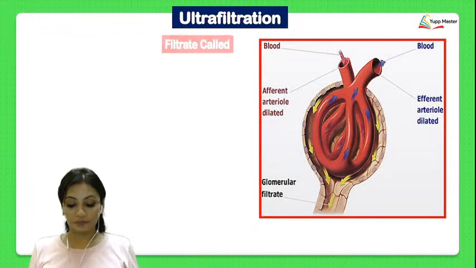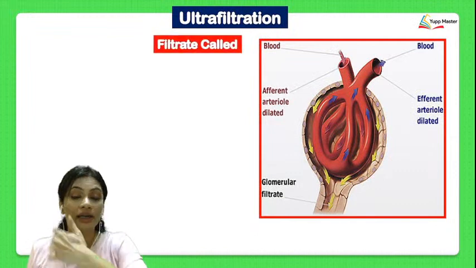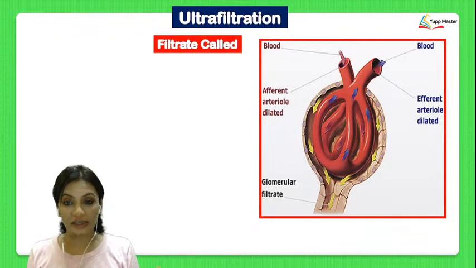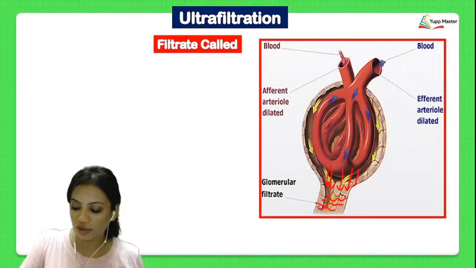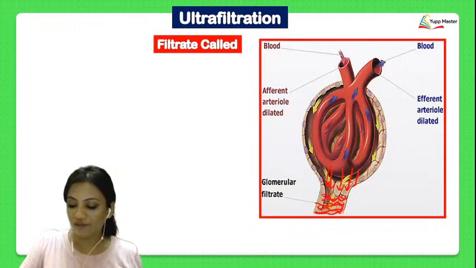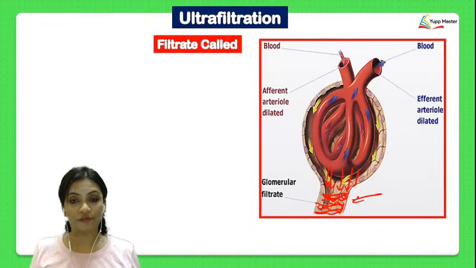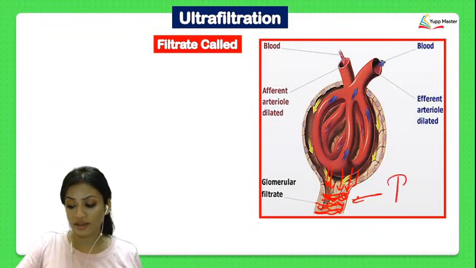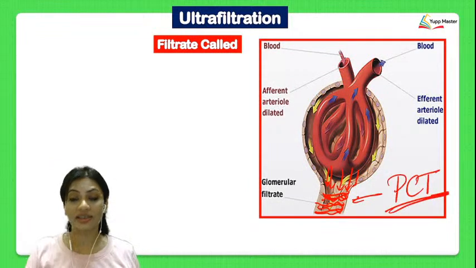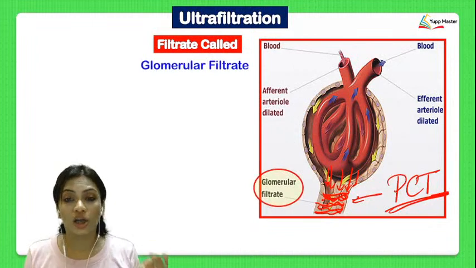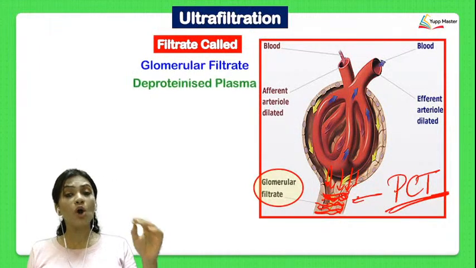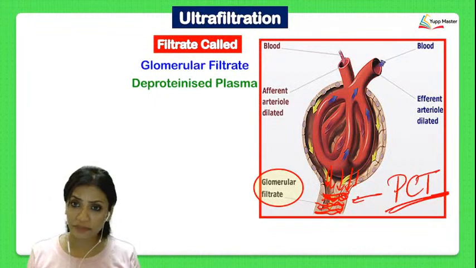Alright. So, when we have the filtrate actually formed, after 10 mm of Hg of pressure, whatever filtrate is formed here, which level of the nephron is this? May I call this the PCT? Do you remember this? This is the PCT. So this filtrate is going to be called glomerular filtrate, or you may call it deproteinized plasma.